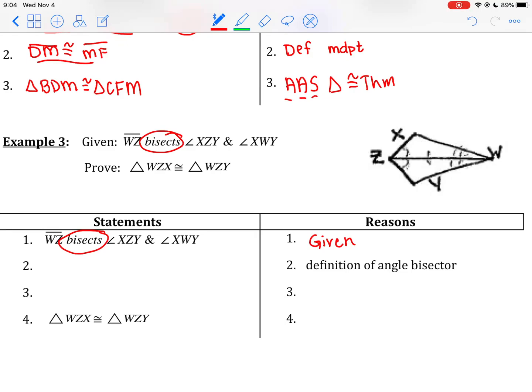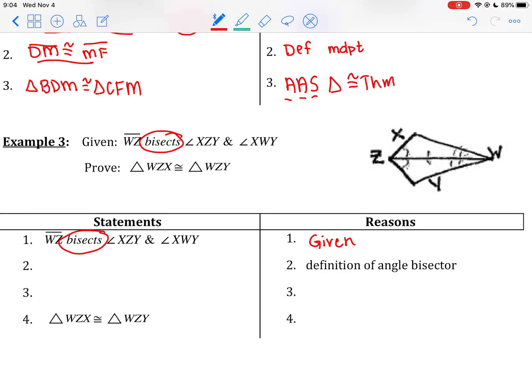So for bisect, we have a definition, the definition of an angle bisector, which is similar to the definition of midpoint, but it's not just a point, it's a whole bisector. So the definition of an angle bisector is that if a segment, a line, a ray is an angle bisector, then it's going to split that angle into two congruent parts.